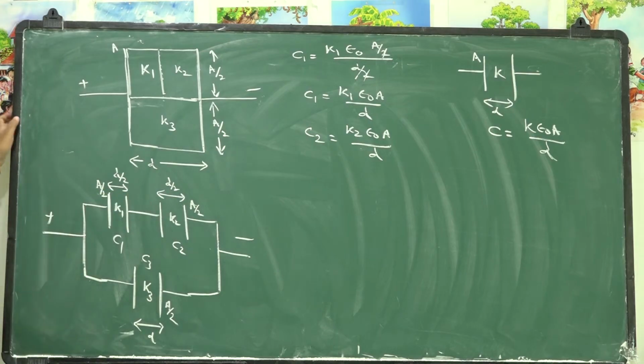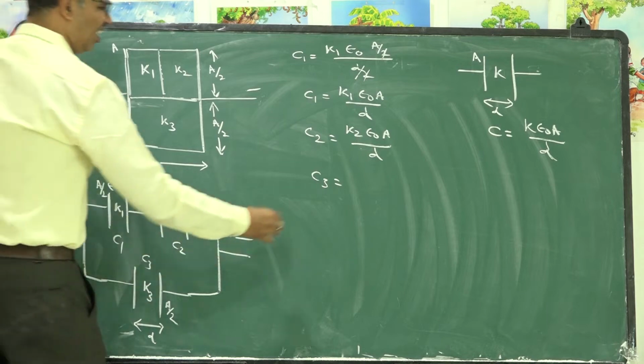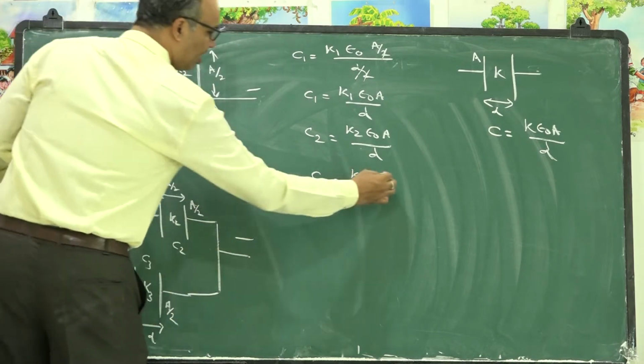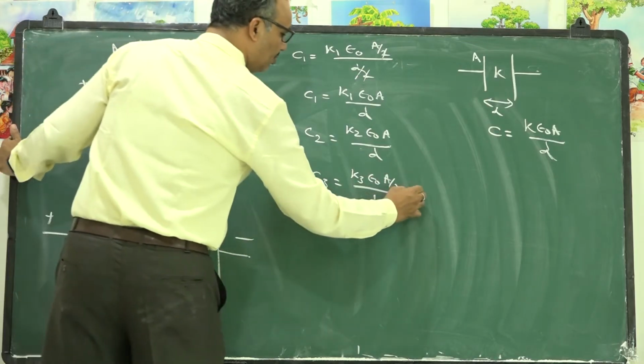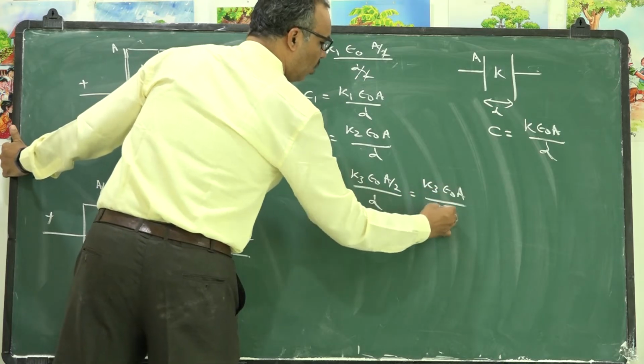For C3, the capacitance of the third capacitor is K3 epsilon naught, where plate area is A by 2 and separation is D itself. So C3 becomes K3 epsilon naught A by 2D.